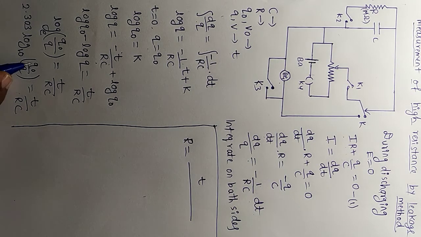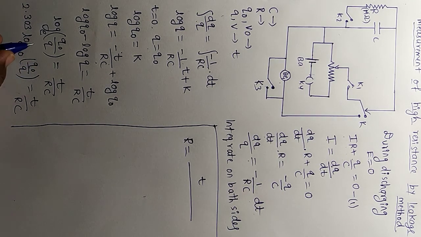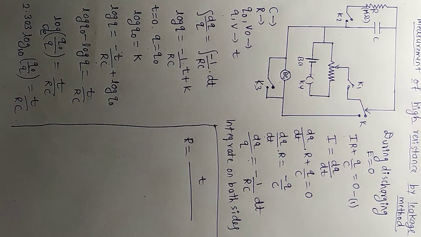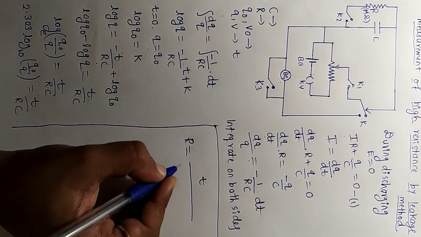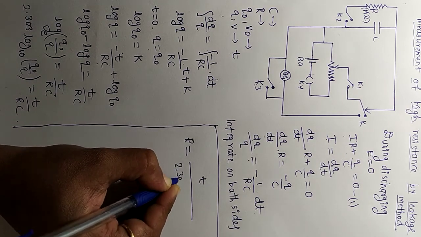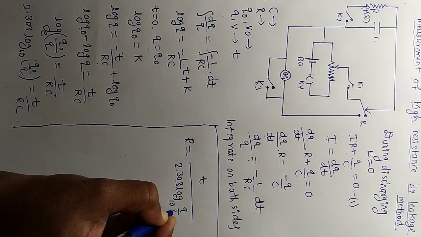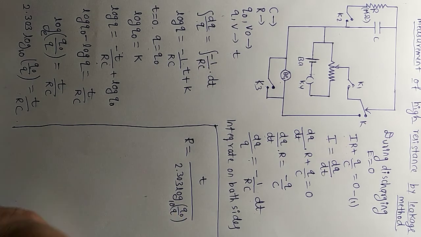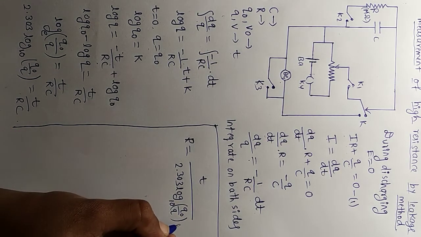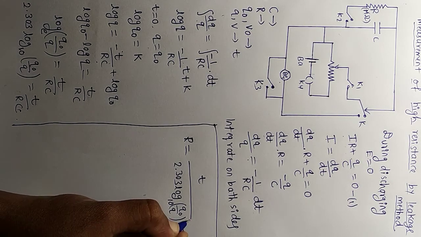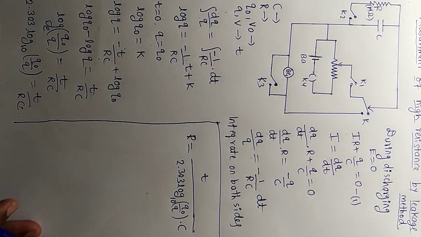This R I transferred to this side, and the whole term comes to the denominator. So R is equal to t divided by 2.303 log to the base 10 q naught by q into C. C will be remaining. So this is the R value.